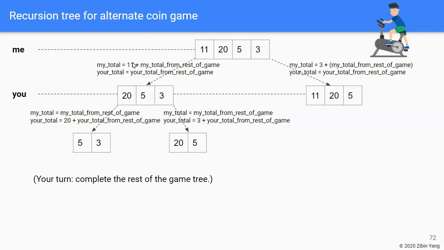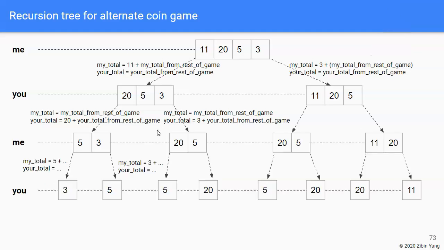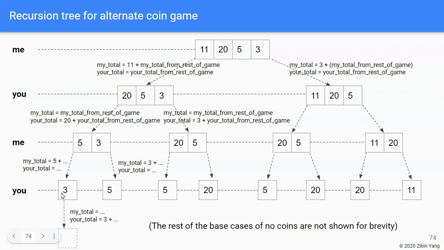And assuming you've done that, you're likely going to have a tree that looks like this. Or maybe even this, right? Let's look at this in a little more detail, because that's very important, what happens when we hit the base case. So when we are down to 1 coin and you're the one making the choice, well, it's not much of a choice, right?